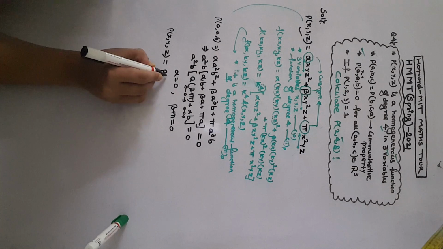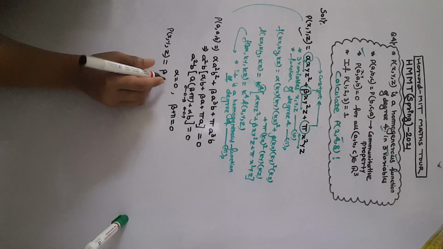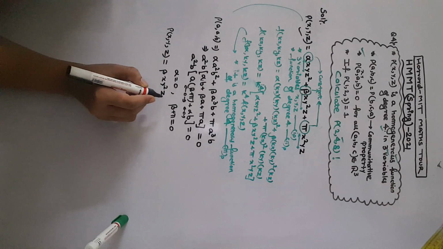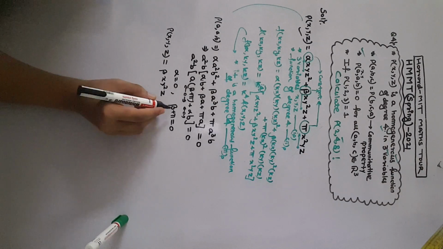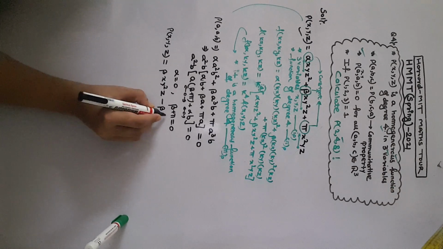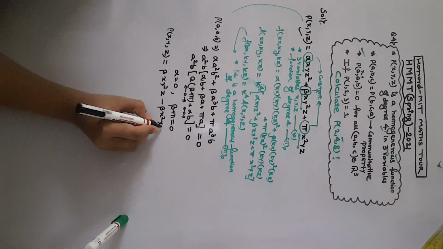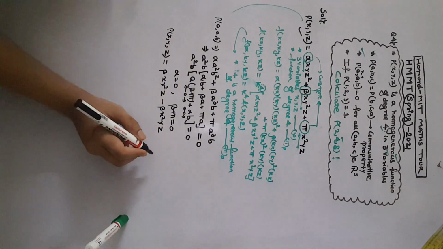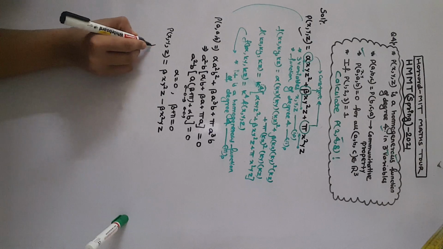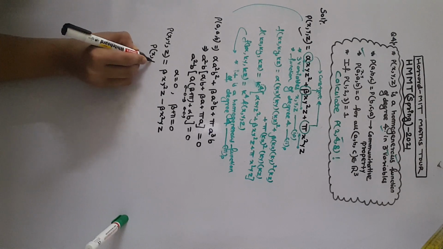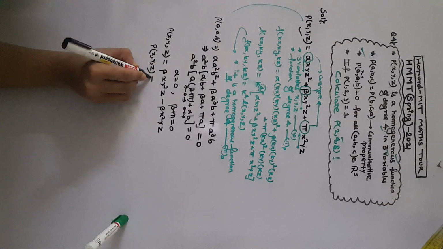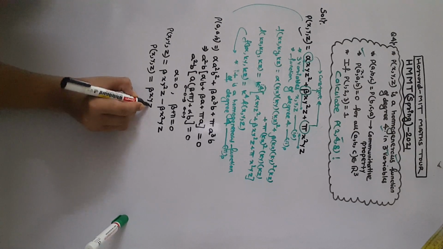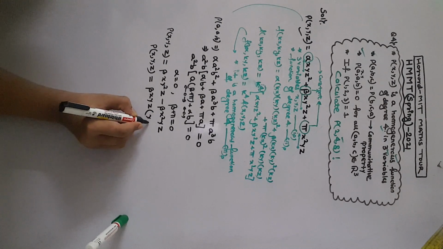We will leave beta as beta only. It will simply be beta times x y square z, and pi is actually negative beta multiplied with x square y z. It will now be p(x,y,z) equal to beta times x y z multiplied with y minus x.